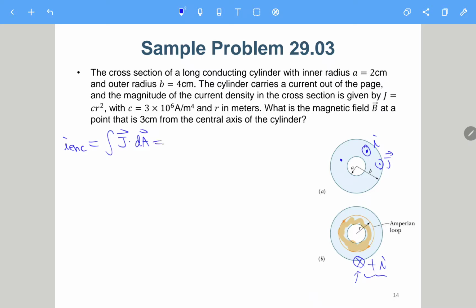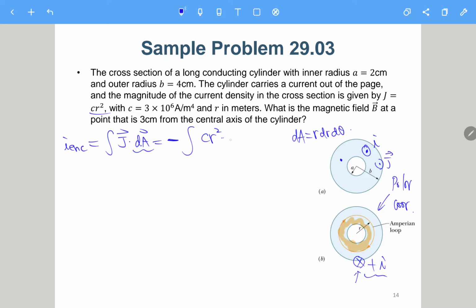So we should have a negative sign in front, and J is C r squared. And dA in polar coordinates is r dr d theta.